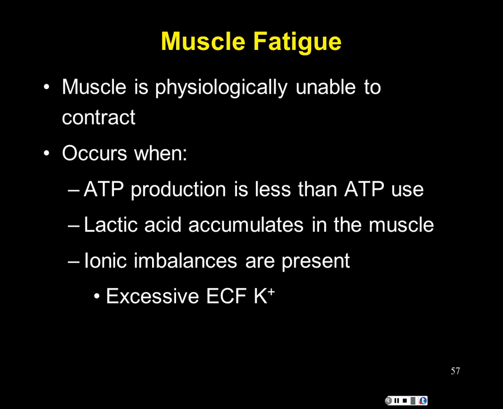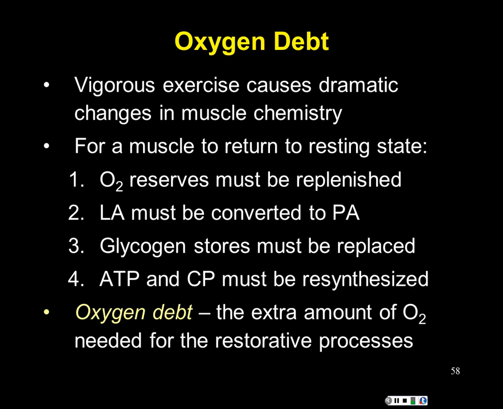And the one you're probably most familiar with: if our potassium balance is out of control, so if the skeletal muscle is not keeping up with this activity and for some reason our potassium becomes too excessive extracellularly, it causes the skeletal muscle to fatigue. And so in order to prevent fatigue and allow our skeletal muscles to work regularly, the cell has to pay back what's called oxygen debt.